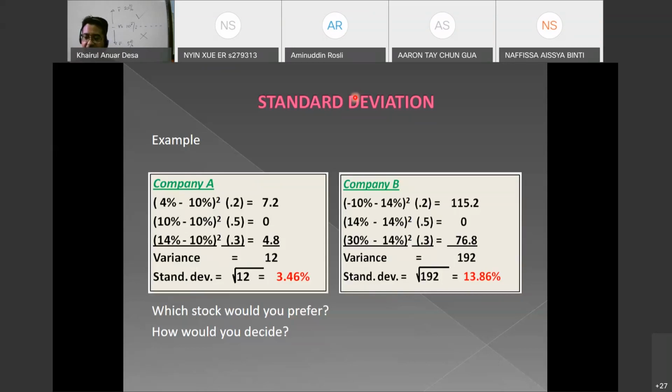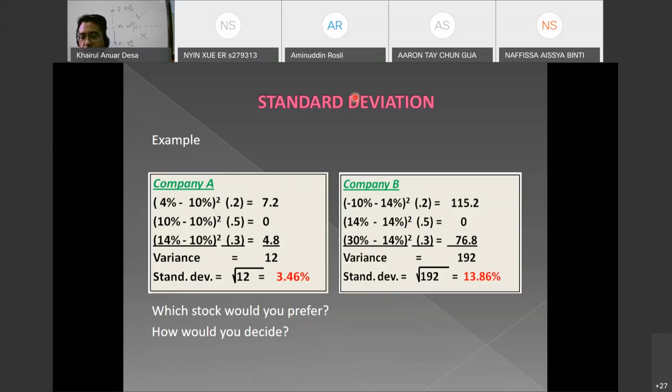Okay. Based on the research done by researcher, the previous researcher shows that young people, they are more involved in the riskier activities, meaning that para pelabur orang muda biasanya mereka suka dalam aktiviti yang berisiko.